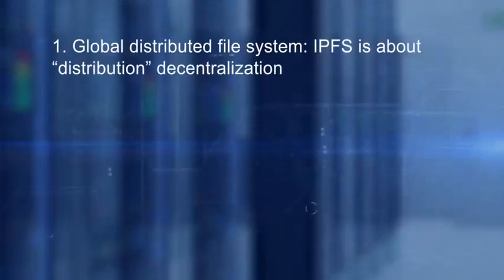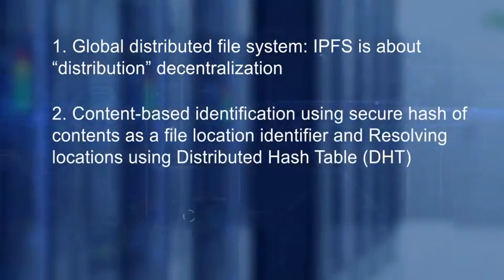Once again, similar to Bitcoin, IPFS leverages and combines many successful peer-to-peer system ideas. These ideas are a global distributed file system. IPFS is about distribution and decentralization. Content-based identification uses a secure hash of contents as a file location identifier, and locations are resolved using a distributed hash table.